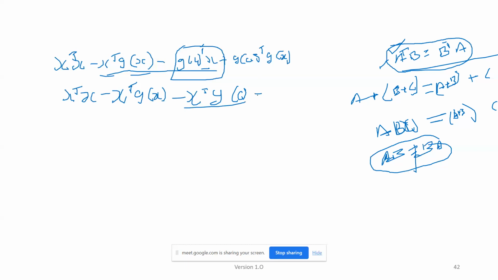Then plus GC transpose and GC, this is as it is.